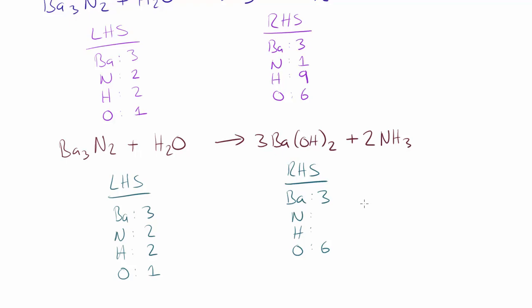Now, in terms of the nitrogen and the hydrogen, it was our goal to double the nitrogen, so we're going to have 2, which is what we've done. For the hydrogen, we've got 3 Ba₃OH₂, so it's going to be 3 times H2, which is 6, right?